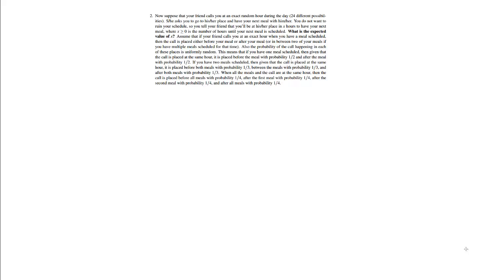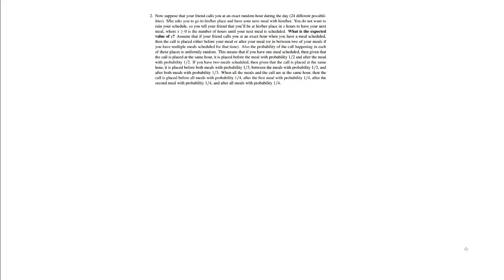So we can kind of treat the call as a 4th meal. That is to say, the events of figuring out what times your meals are at and what time your friend calls are exactly the same.